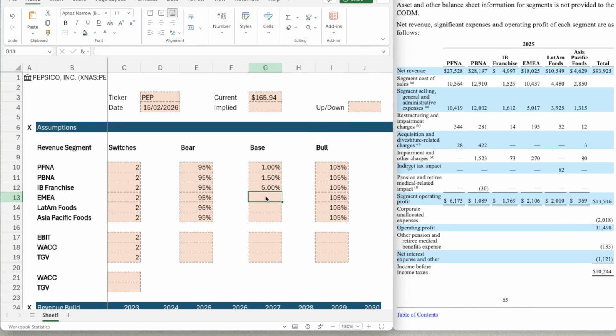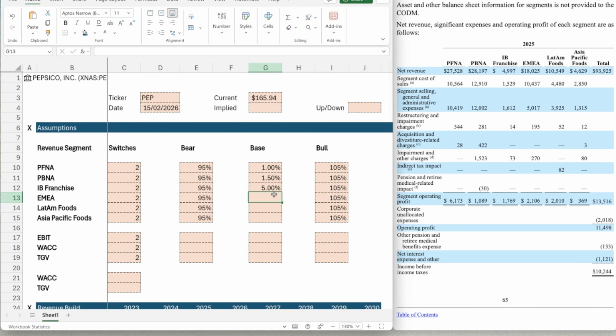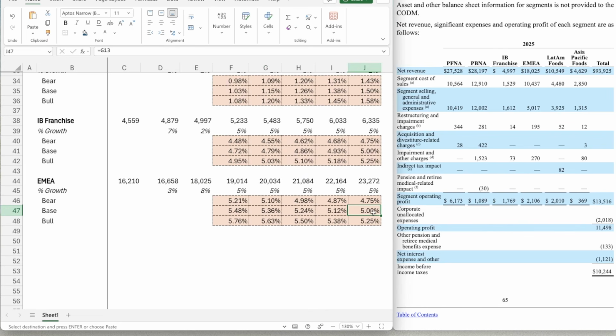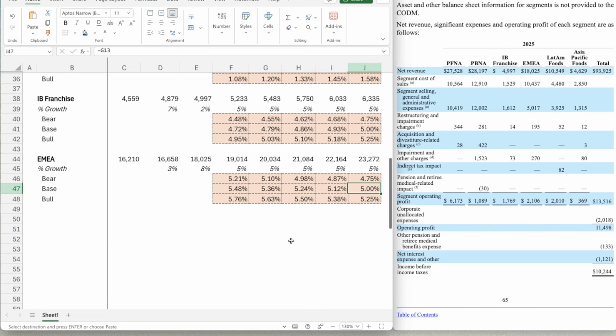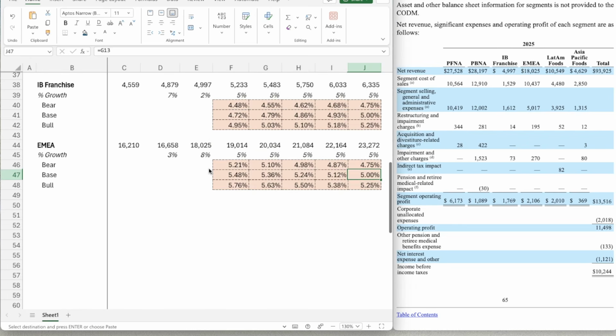A47. Again, we can put 5% for the Europe, Middle East, and Africa. And it does seem that the Europe, Middle East, and Africa, LATAM, and APAC are outpacing the North America growth-wise.